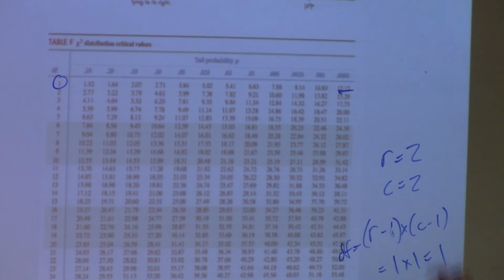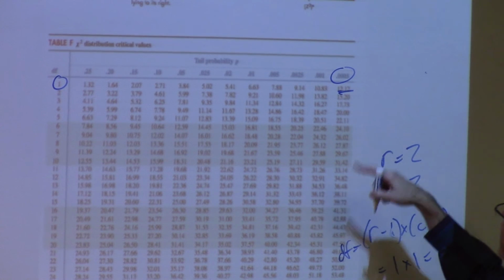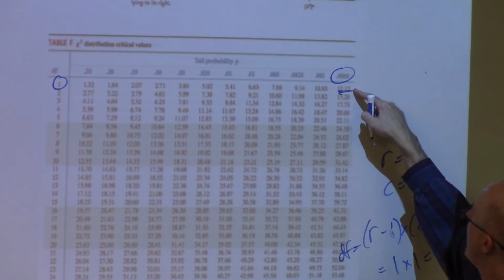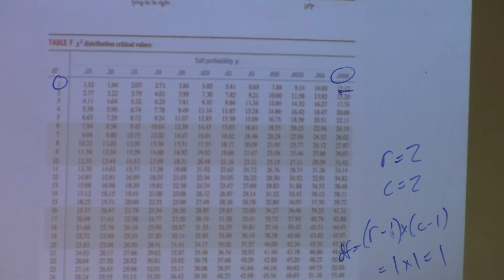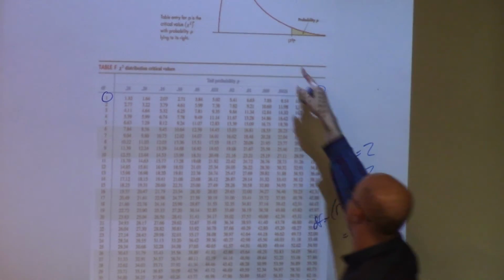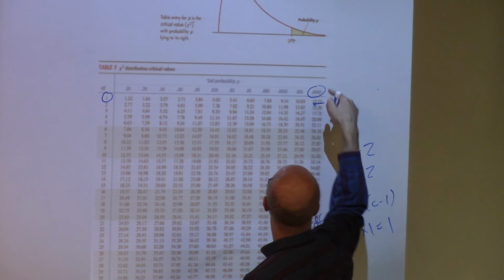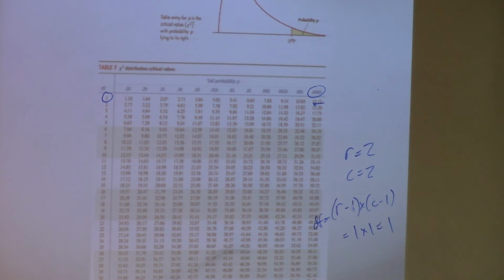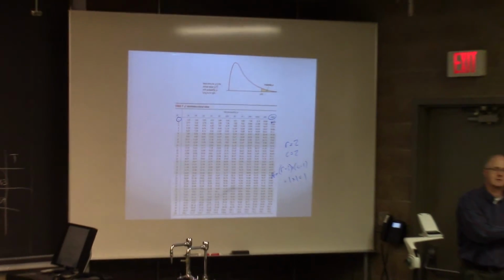What does that tell you? Well, this number right there, that 0.0005, is a p-value that would correspond to 12.12. It's the area to the right of a chi-square distribution with 1 degree of freedom. To the right of 12.12 is 0.0005. Our number is further to the right, so our p-value is even smaller. Our area is even smaller.